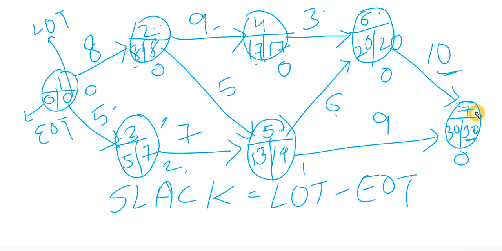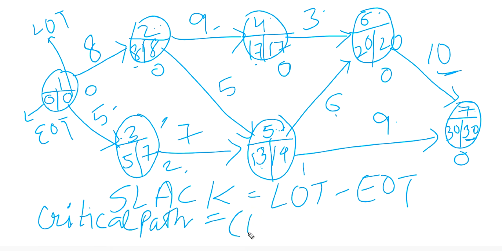It means there is no delay allowed in these activities. So these are critical activities, and from these critical activities, I will find my critical path. So critical path is 1 to 2, 2 to 4, 4 to 6 and 6 to 7. So this is our critical path.